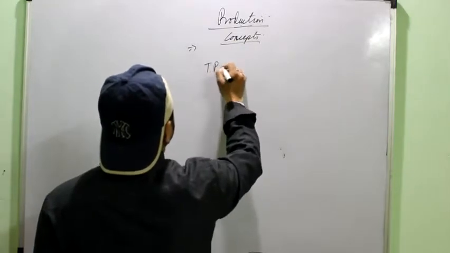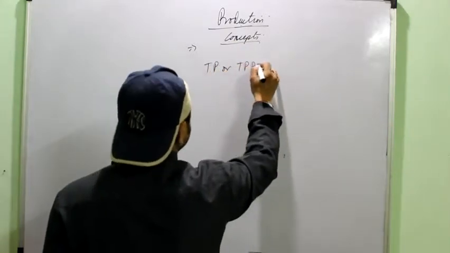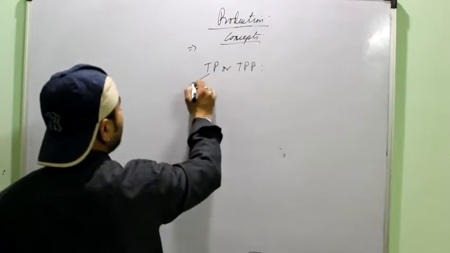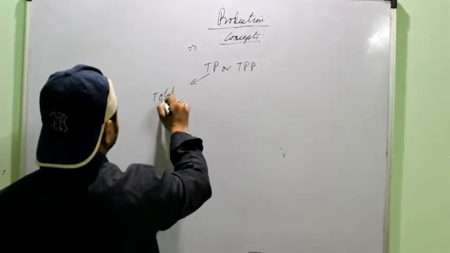First is the TP or TPP. It is total product or total physical product.